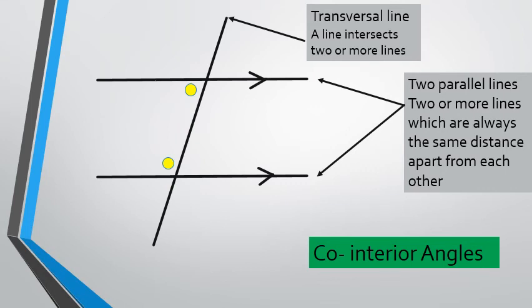There's the first place we're going to find a set of co-interior angles. It is nice to know that the sum of the two angles together is going to give me a value of 180 degrees. Do I have another set that I can find? On the right hand side of the transversal line, between the two parallel lines, I have another set of co-interior angles.